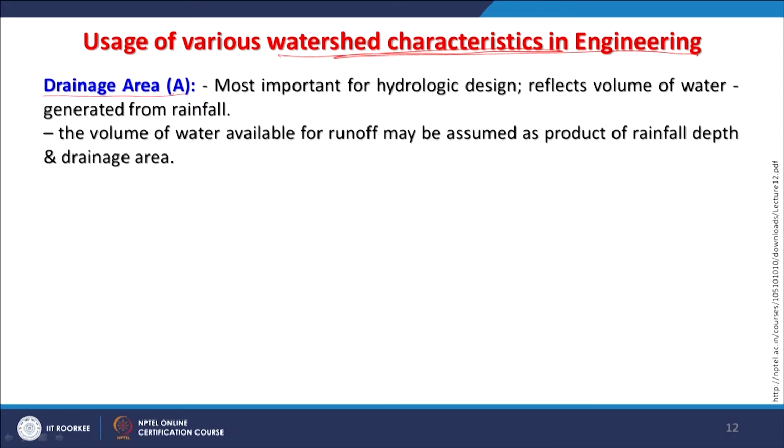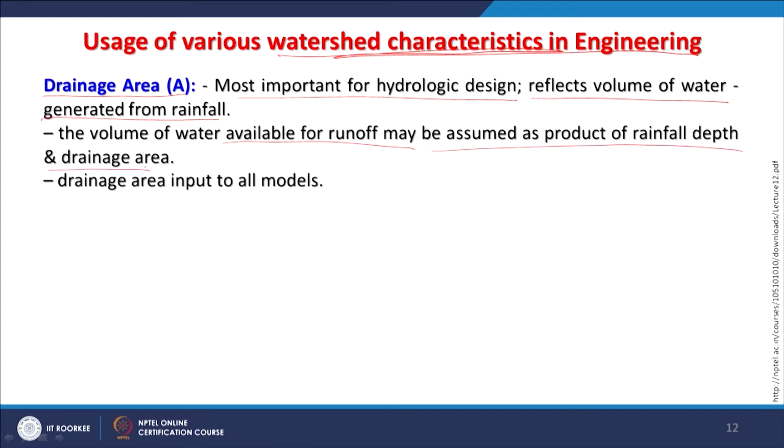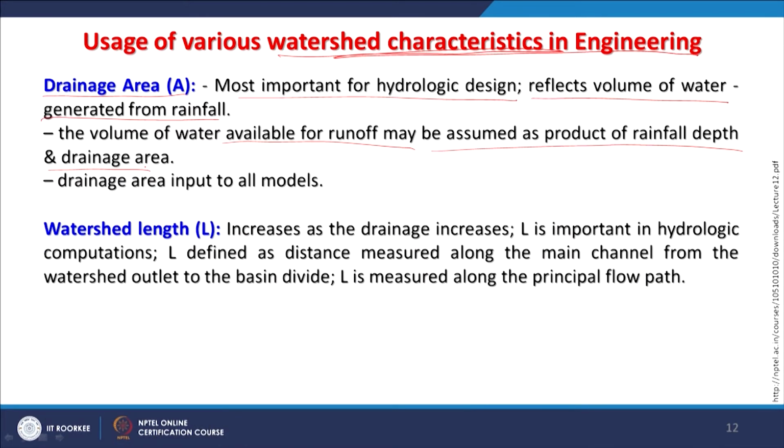That is the area being covered, most important for hydrologic design, reflecting the volume of water generated from the rainfall. The volume of water available for runoff may be assumed as the product of rainfall and drainage area. Drainage area is an input to all models, and is always required.